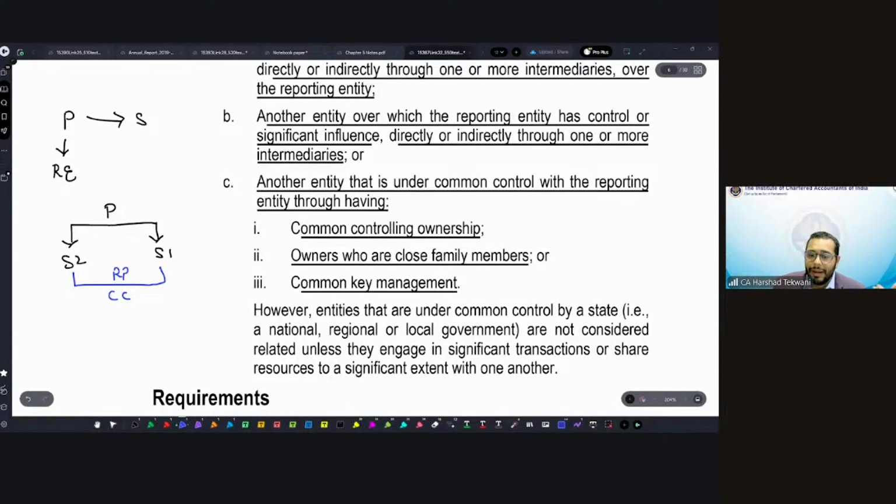Yes, government is excluded in this. Government controlled by a state, national, regional or local government is not considered related. Otherwise, each and every public sector undertaking would become a related party. Clear?